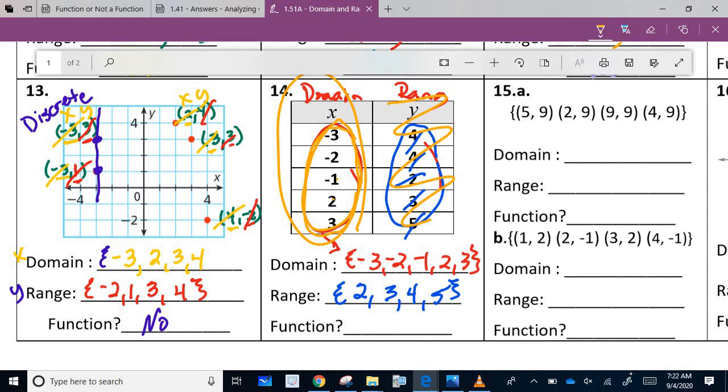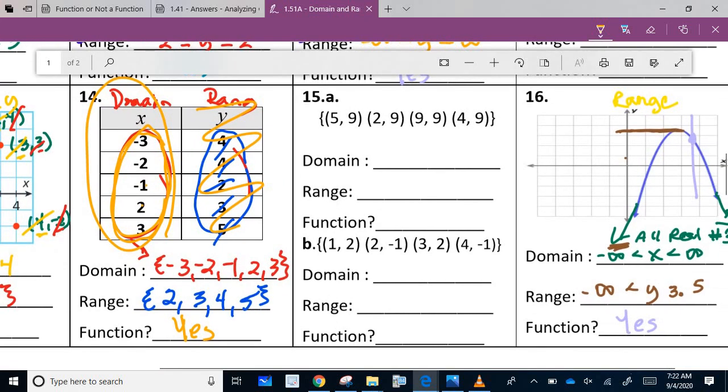None of these numbers repeat. And no, -3 and a +3 are not the same numbers. -2 and +2 are not the same numbers. One's positive, one's negative, so none of those repeat. And so we're going to say yes, it is a function.